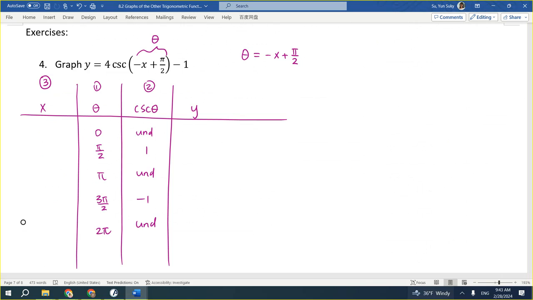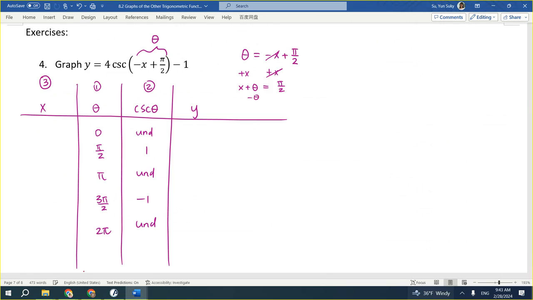So what do we do to solve for x? Oh, okay. So this is a negative sign. You either multiply by -1 or you add the x. So you can choose to add the x. Then you have x plus theta is pi/2.